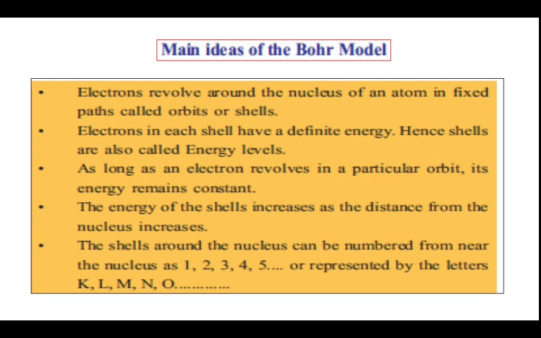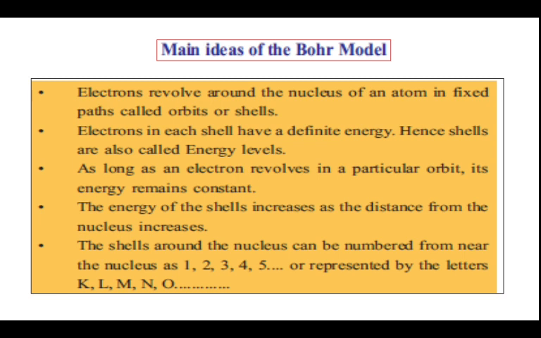Now these are the main ideas of Bohr's model. 1. Electrons revolve around the nucleus of an atom in fixed paths called orbits or shells. 2. Electrons in each shell have a definite energy. Hence, shells are also called energy levels. 3.